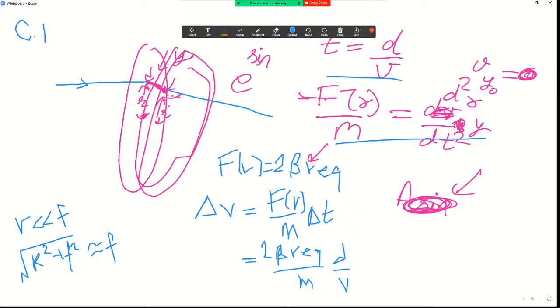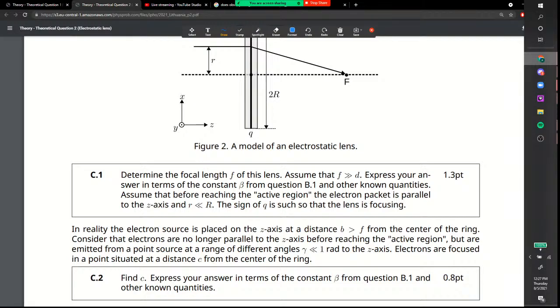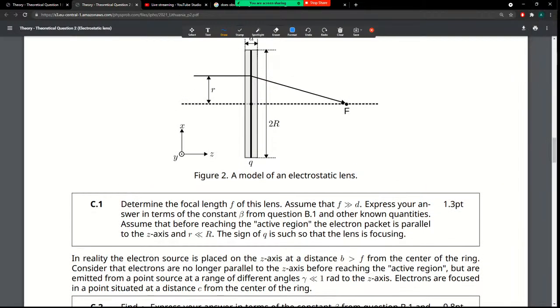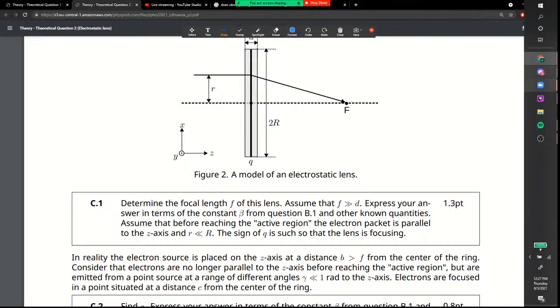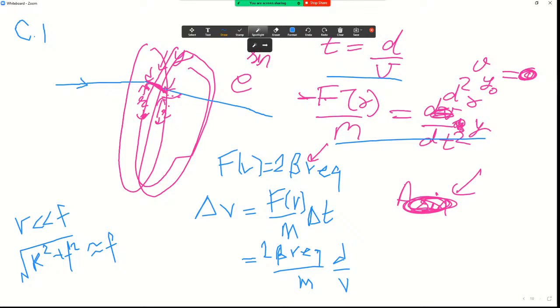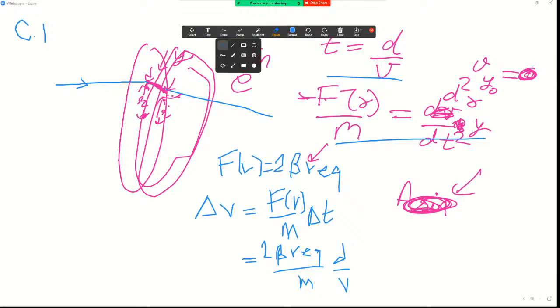So the electron is going to travel in a time t. Okay, wait. Okay, wait, never mind. We can't assume that because that's not in the question.